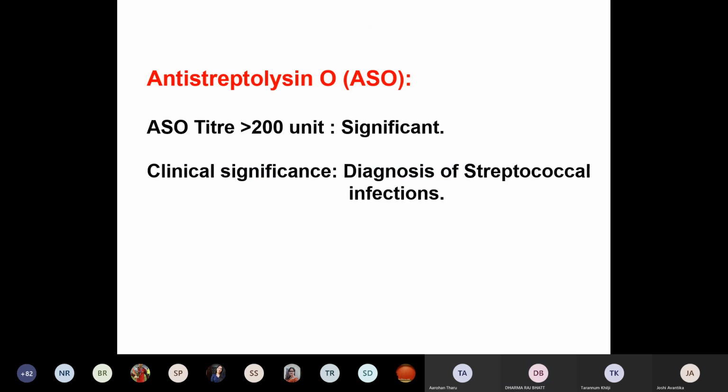Now, another important hemolysin. As we just said, streptolysin is a type of hemolysin produced by Streptococcus pyogenes.